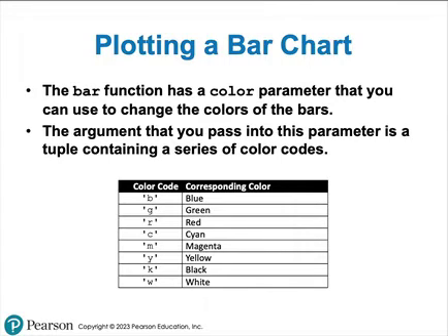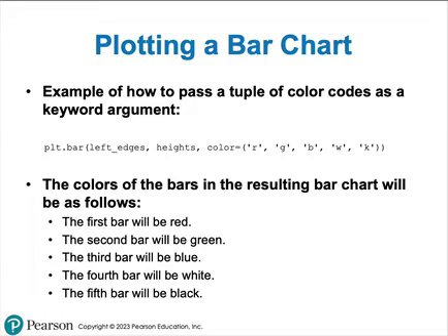You can change colors of objects in the plotting library. We do that by passing a single letter color code to it. So, for example, B is blue, G is green, etc. So you can change those colors.